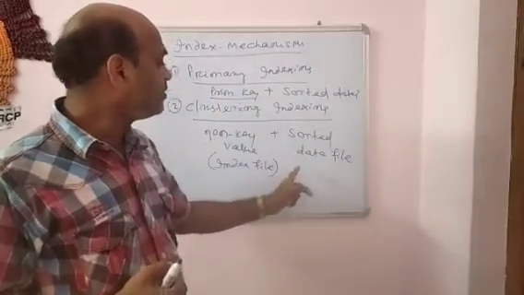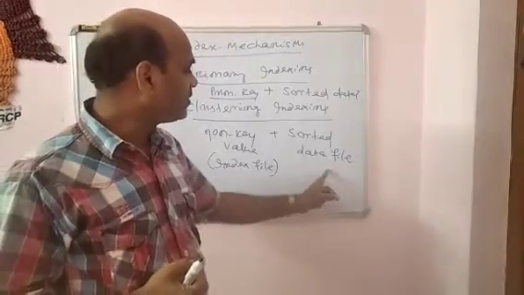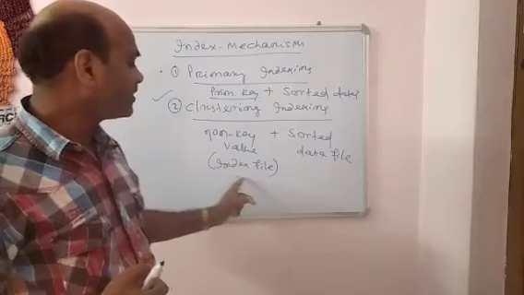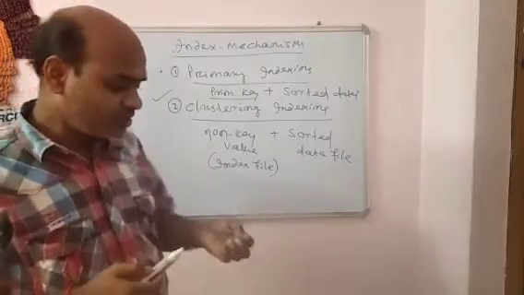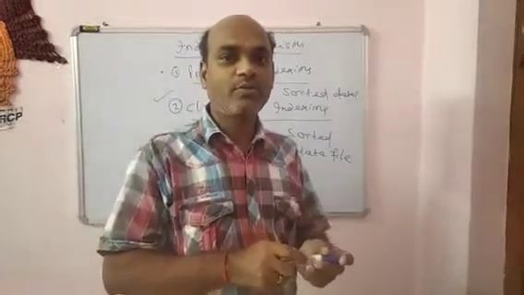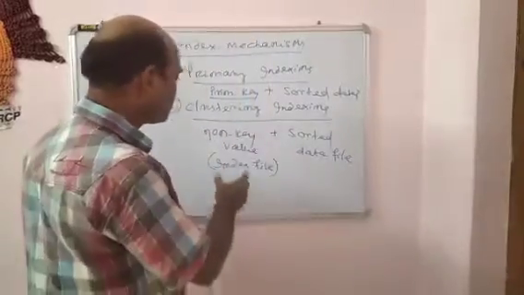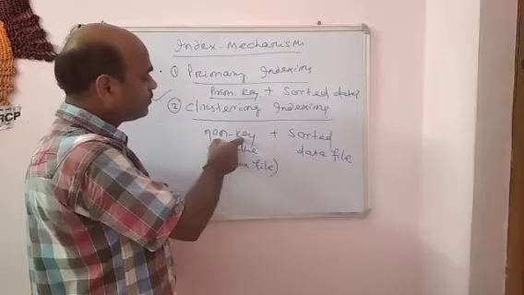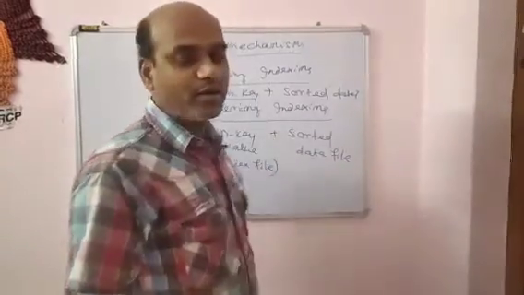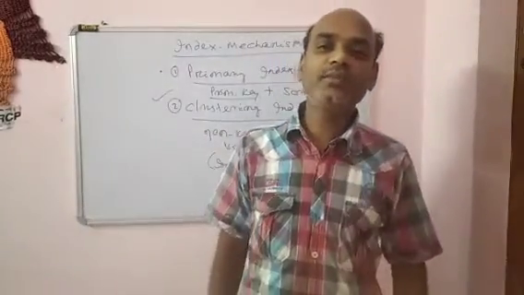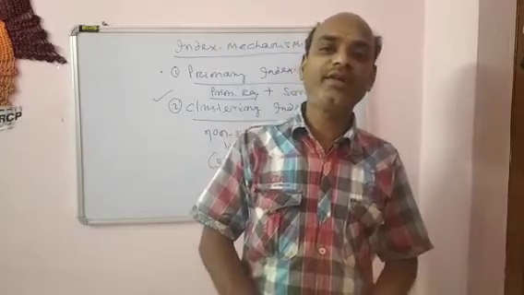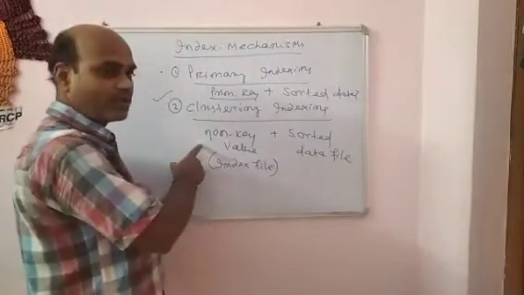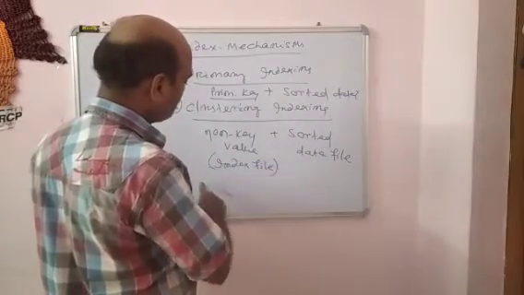But here, the number of records in the data file is not equal to the number of records in the index file. Clustering means some common field, because we are considering a non-key attribute here. A non-key attribute may be duplicated. So for each and every record, index entries are not created in the case of cluster indexing.